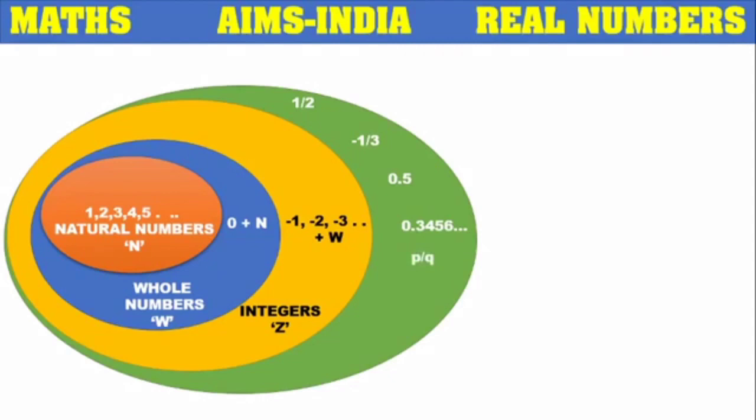So these are all different numbers. Along with the integers, if they are combined, then we will get a new system of numbers that is called rational numbers, denoted by the symbol Q.